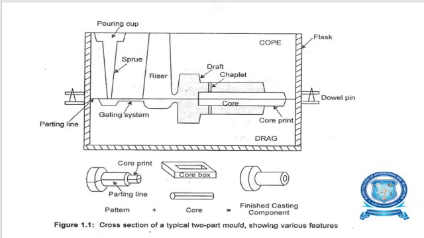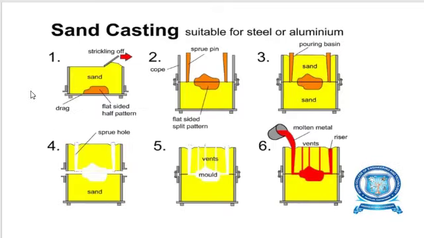Okay, next image. This is a step-by-step sequence of work for sand casting. First, step 1, the drag molding box is placed inverted, and the flat-sided half pattern is set, and the packing sand is filled around the pattern to fill the drag molding box.